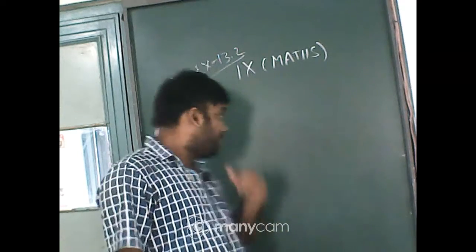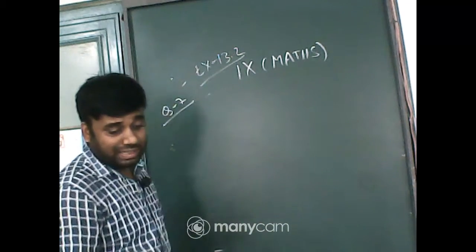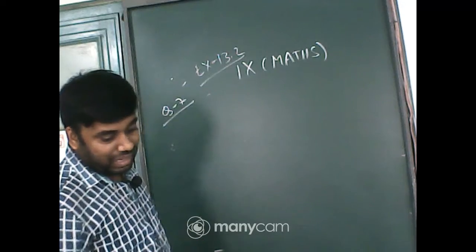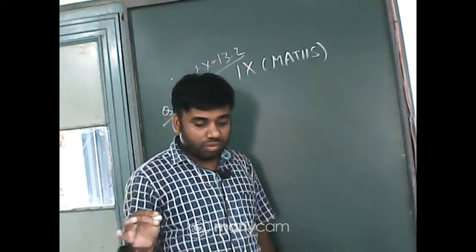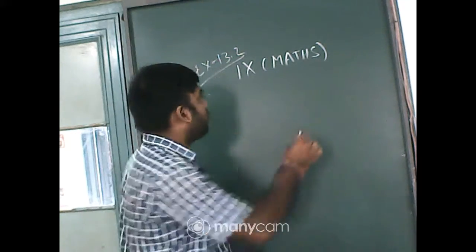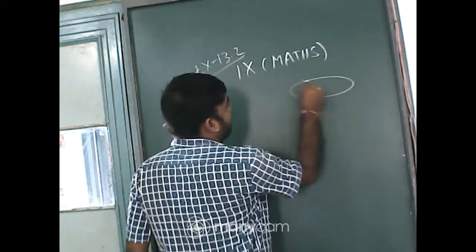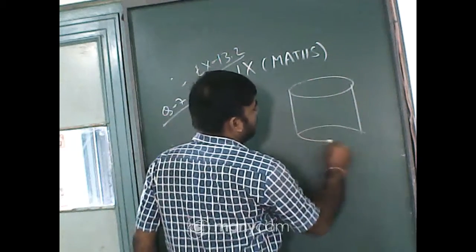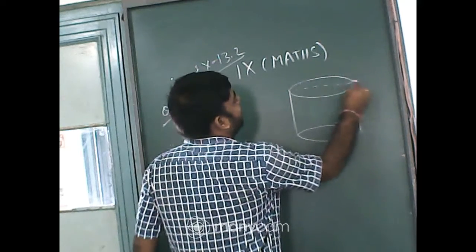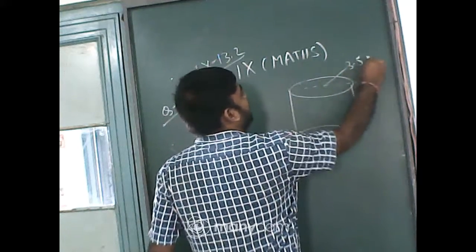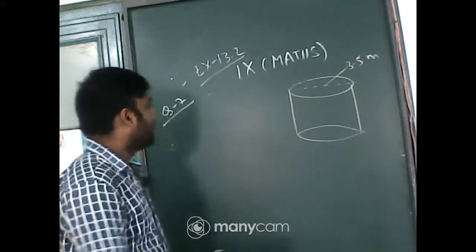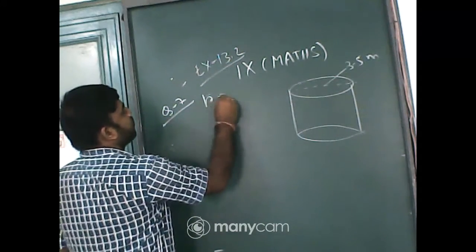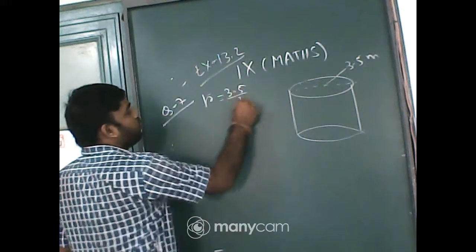First of all, in question number 7, it is given that the inner diameter is 3.5 meter. So what will be the radius? Radius will be 3.5 by 2. No need to divide it.